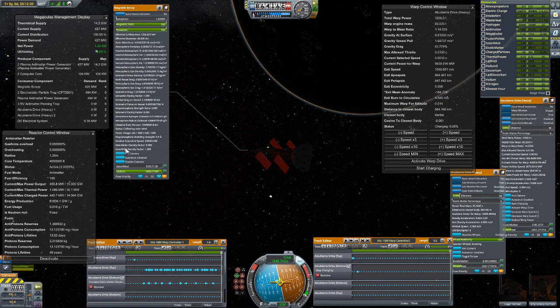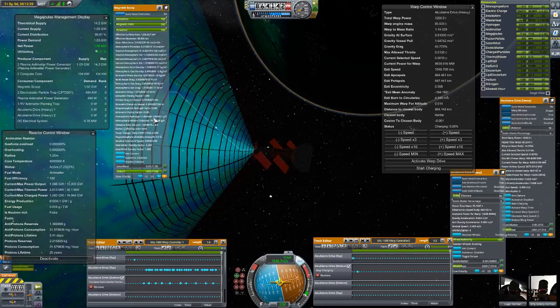Now, as far as antimatter, it does not appear that we are collecting antimatter still using this. Now, if we turn this all the way up, we are collecting atmospheric hydrogen at a rate that is absurd.